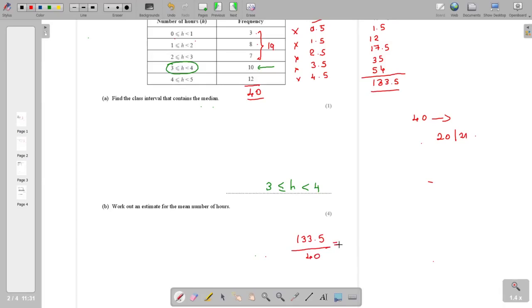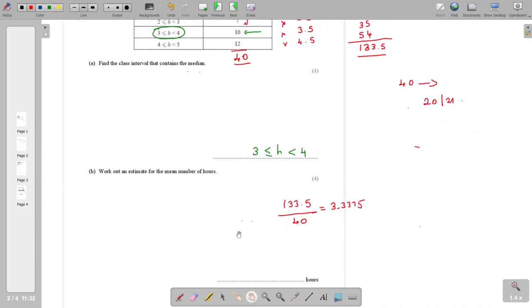That will give you 3.3375. So therefore, the mean number would be, we'll round it, 3 hours. Let's look at the next question.